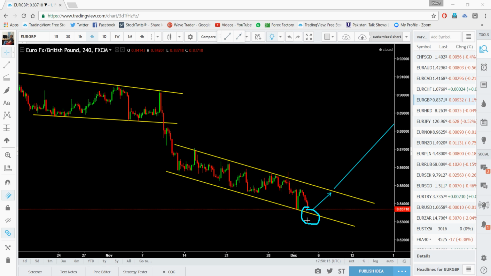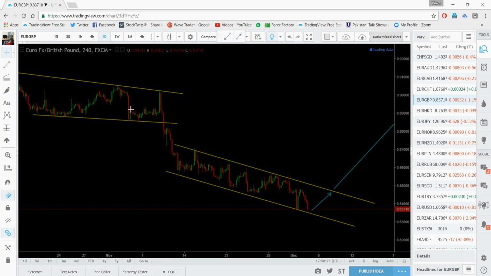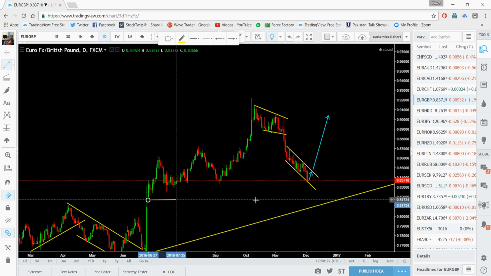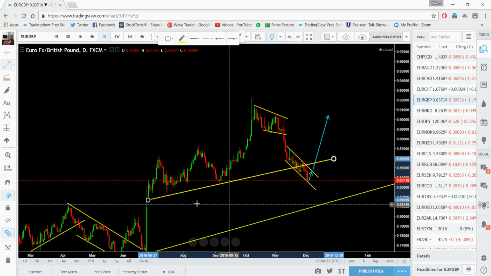All right, before buy entry we need to look for solid price action on lower time frame. The reason is that the pattern we were anticipating that was going to form, price has violated that trend line.